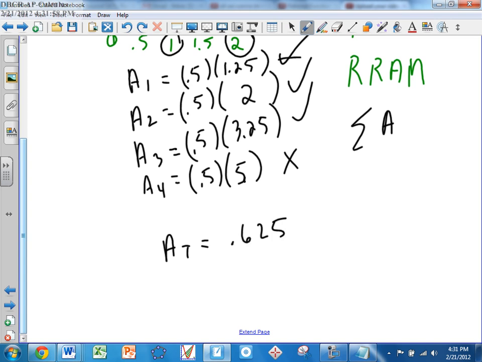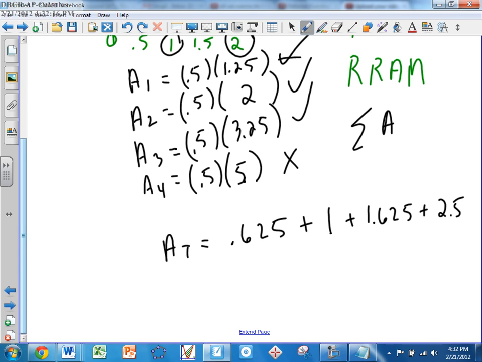That's the first one. The second one, half of 2 is just 1. The third one, half of 3.25 is 1.625. And half of 5 is just 2.5.